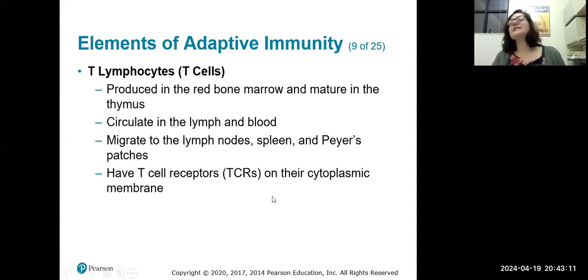And they have receptors on their cell membrane. Remember, these are like the cops that are looking at the license and registration, but they can only see the license and registration if it's presented in a certain way that their receptors can bind to. And that's the so-called T cell receptors, TCRs. So if you see CR, it's cell receptor.